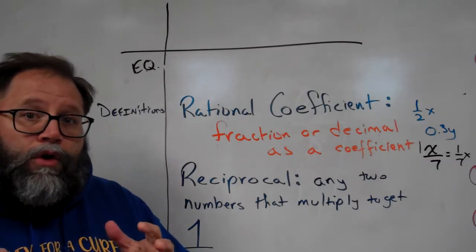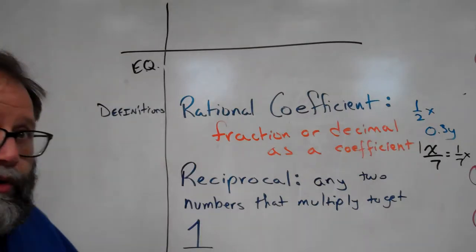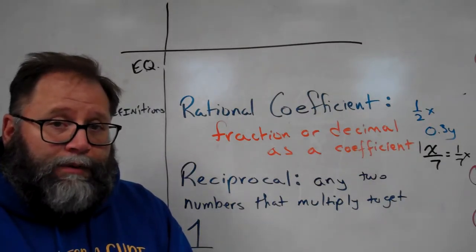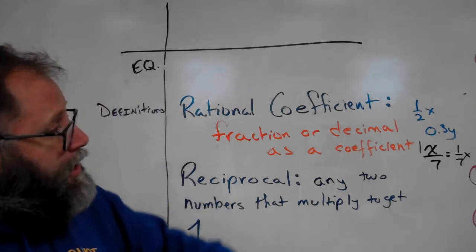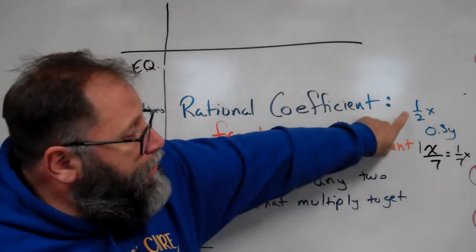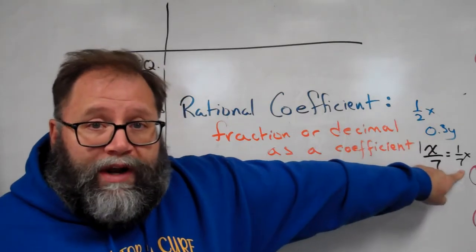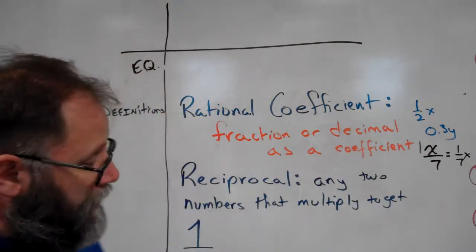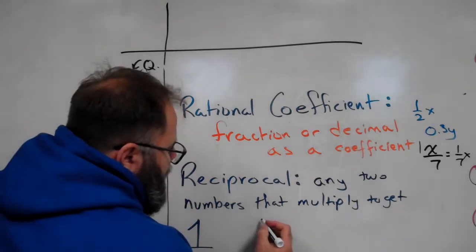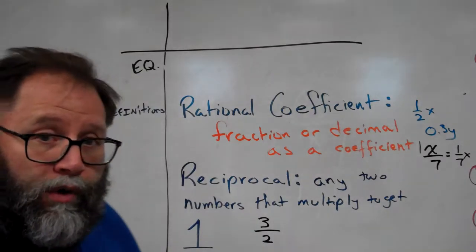All right, so what we're talking about is determining what a reciprocal is and then using it in these problems, because what we're going to want to do is take these coefficients and turn them into 1. So we want that to become 1x, that to become 1y, and that one to become 1x as well. Now reciprocal is any numbers that when they multiply together will equal 1.